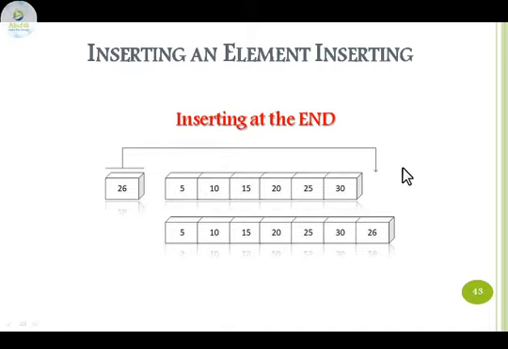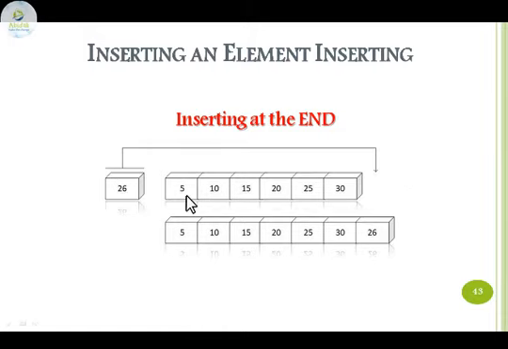Considering examples, there will be two scenarios. The first scenario will be inserting an element at the end of the list or the end of the array. At the end of the array, an element can be inserted without moving any elements, because insertion is possible at the end without shifting any elements.